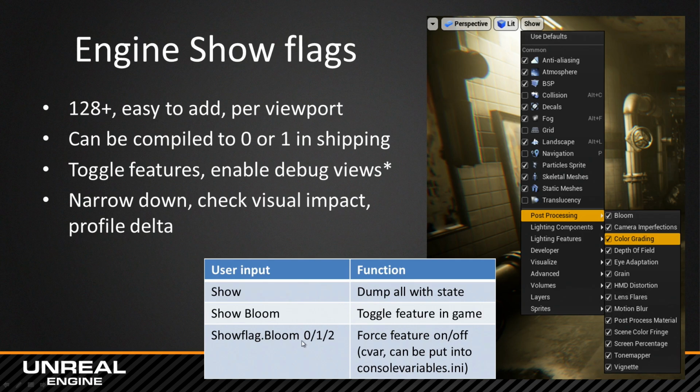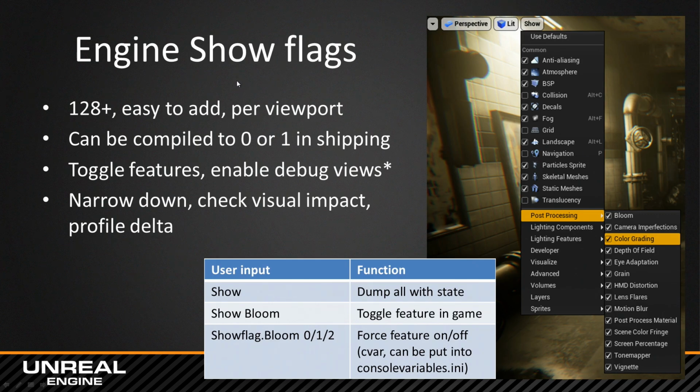You can set this console variable to 0 to force everything off, to 1 to always have everything enabled, or you just don't care. That means 2, which is the default, so you just leave it like it was. That one affects game and editor because it overrides everything. This one only works in the game, because in the editor we use this per viewport user interface here.